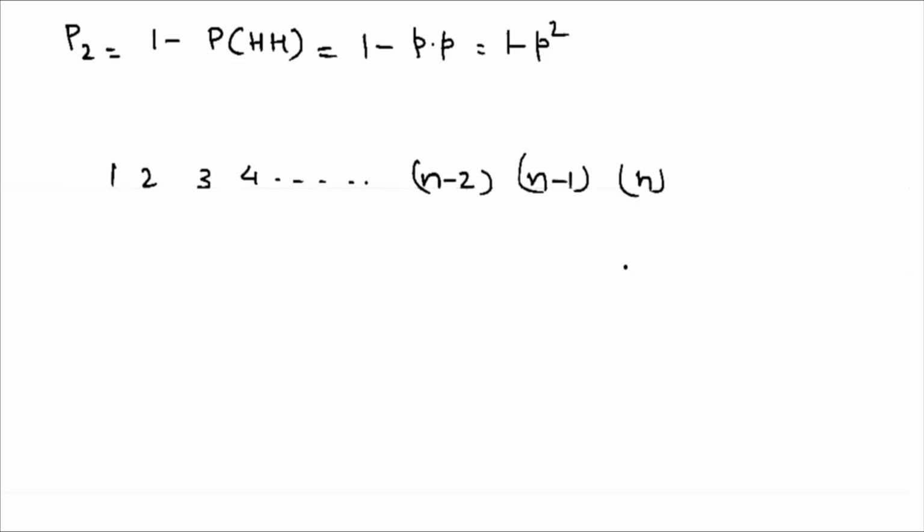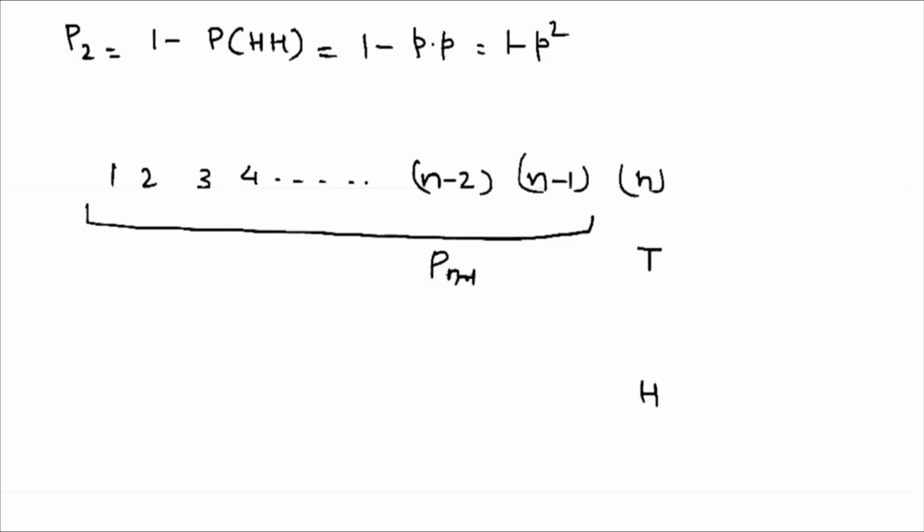Now in the last draw, we may either have tails or we may have heads. But if in the last draw we have tails, then we need to make sure that till n minus 1 draws, we don't get any two or more consecutive heads. That is Pn minus 1. The probability that we don't get any consecutive heads till n minus 1 draw will be equal to Pn minus 1.